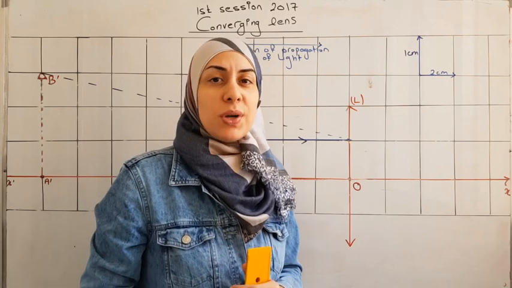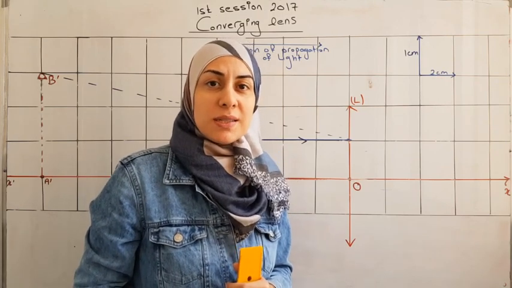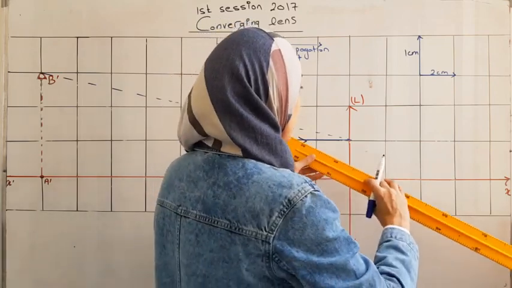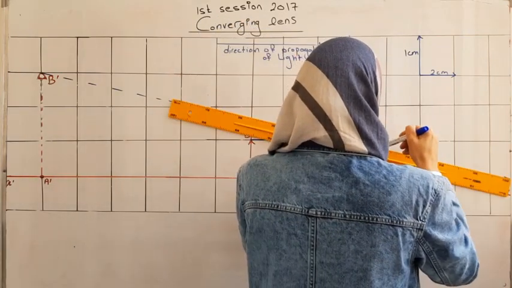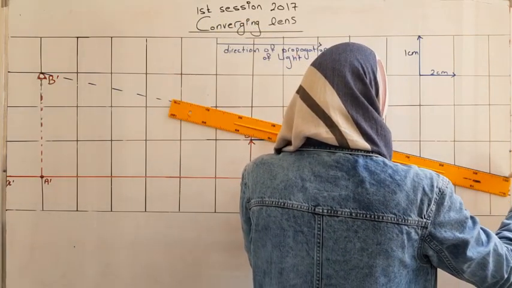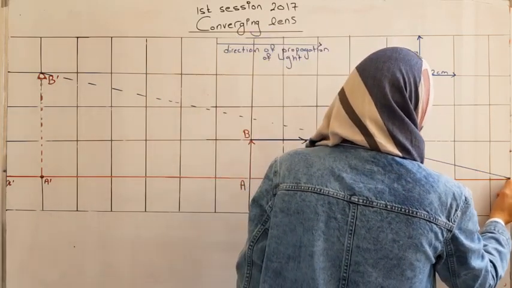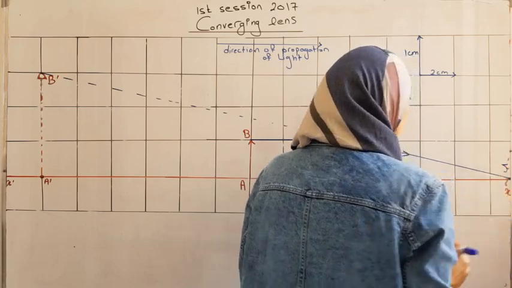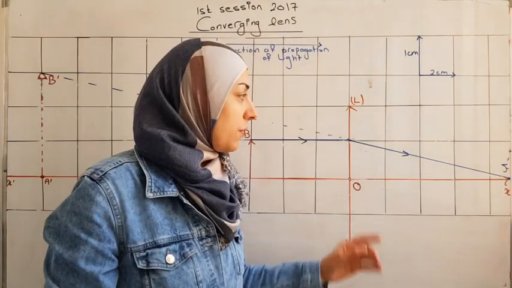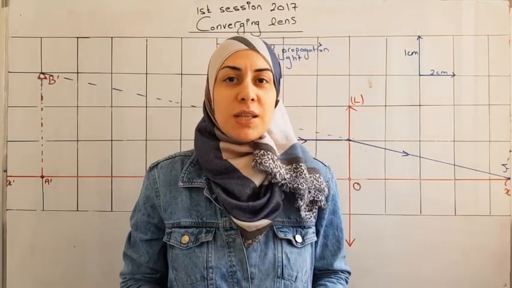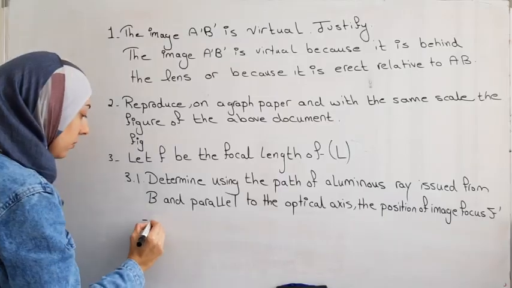Then we continue this ray until it meets the optical axis at F prime. The point of intersection of this ray and the optical axis is the image focus F prime.